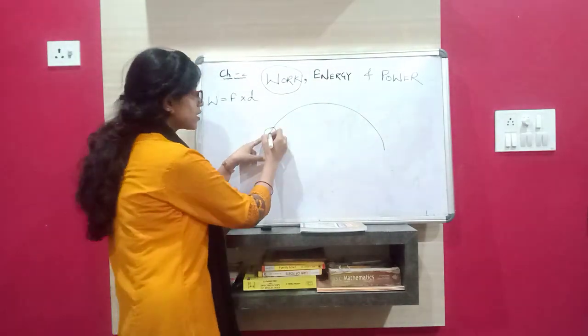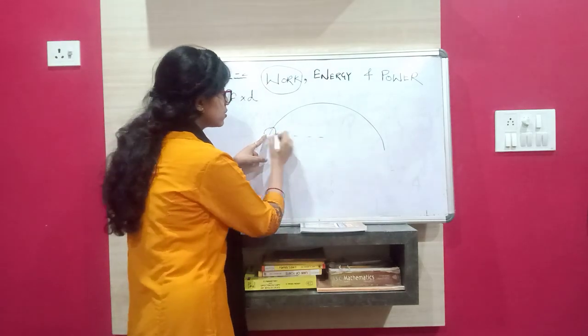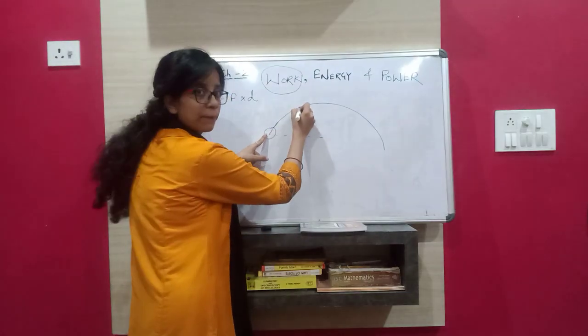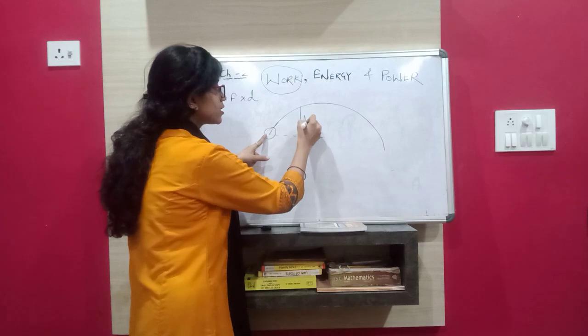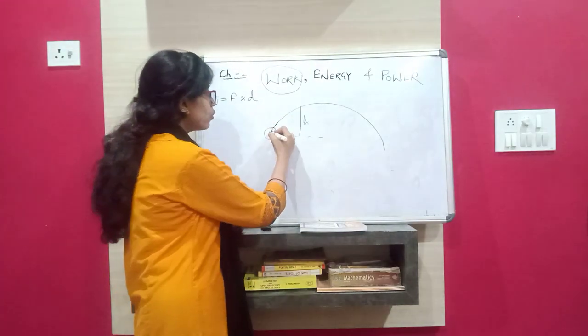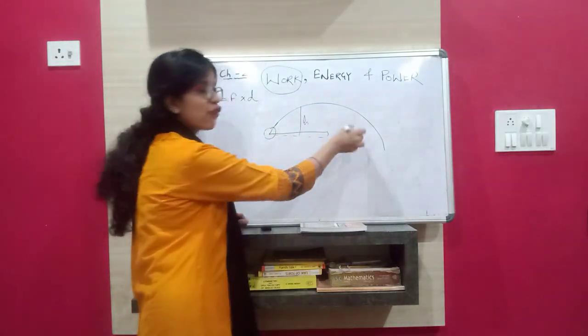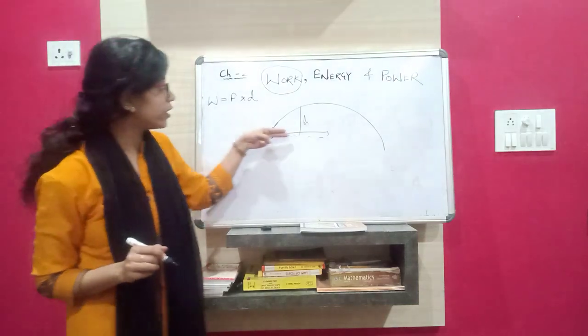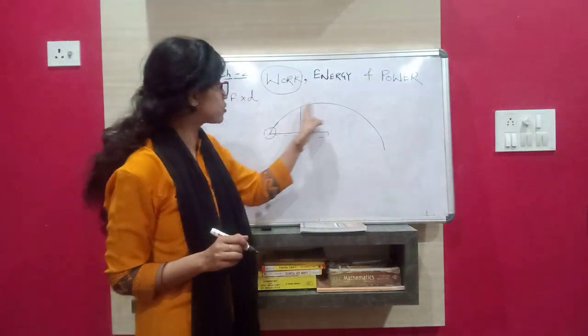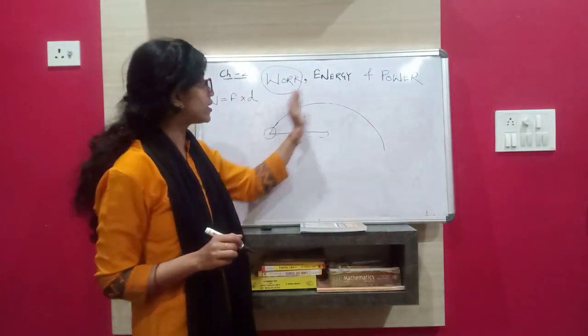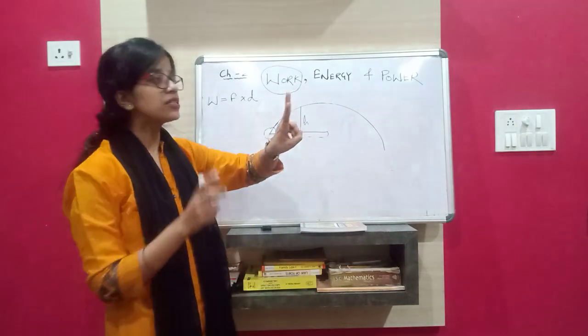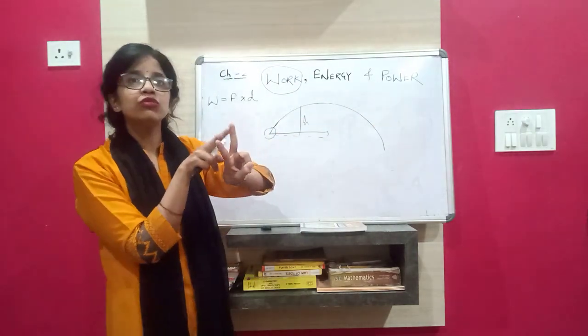At the same time the body is attaining some height, moving up, and also moving in the forward direction, from here till here. So the body is doing two things.